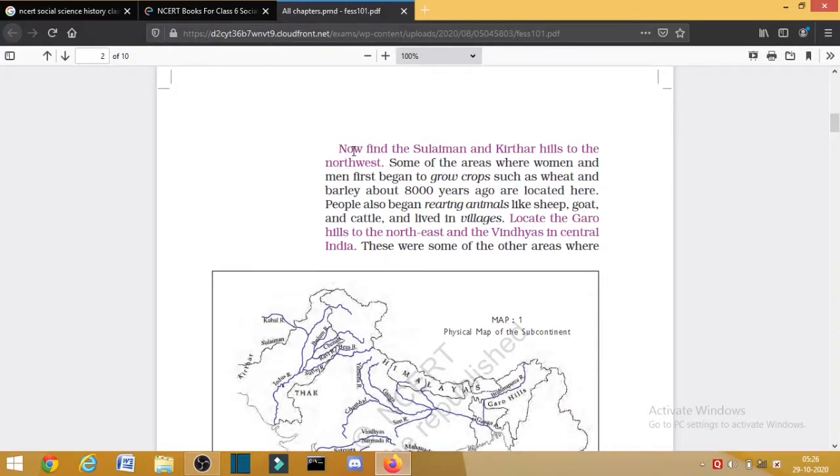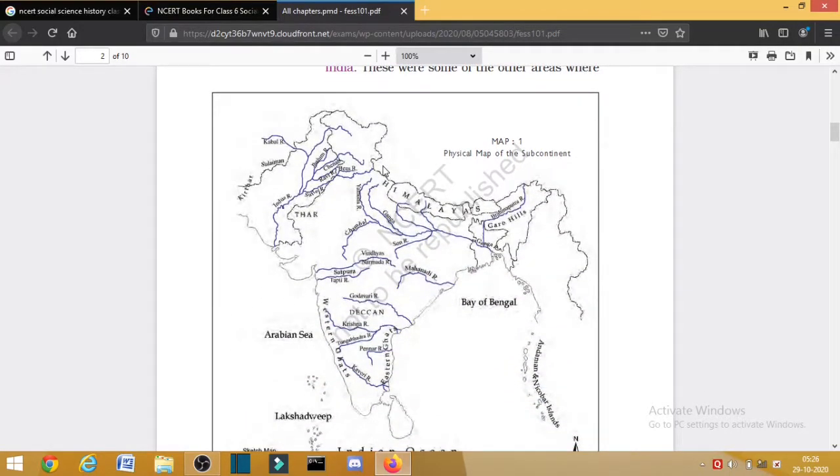Now, find the Sulaiman and Kitar hills to the northwest. Let us see, children. Northwest. Our Manipur is in northeast. Let's go to the northwest. Sulaiman Kitar. So, this Sulaiman Kitar is in the northwest of India.